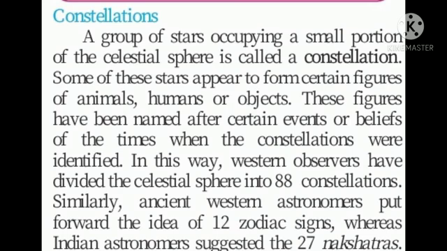Western observers have divided the celestial sphere into 88 constellations. The ancient Western astronomers put forward 12 zodiac signs, but Indian astronomers suggested 27 nakshatras.